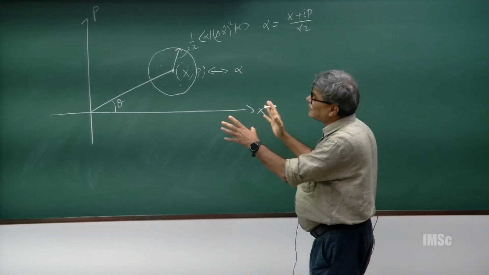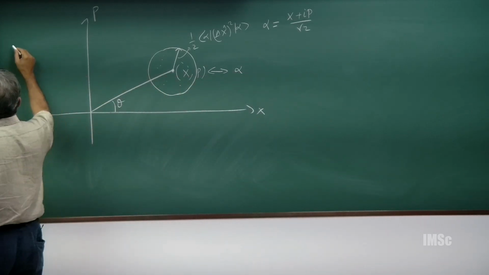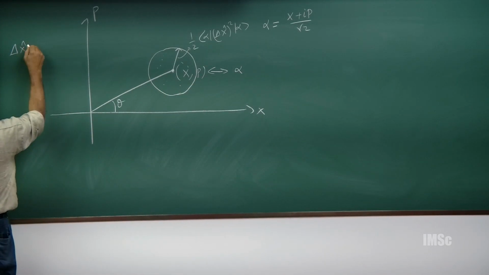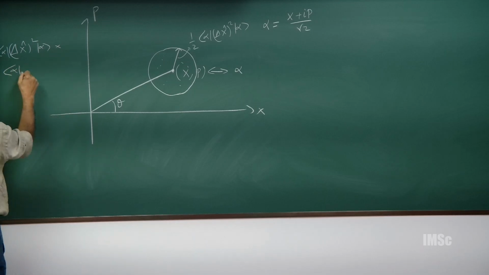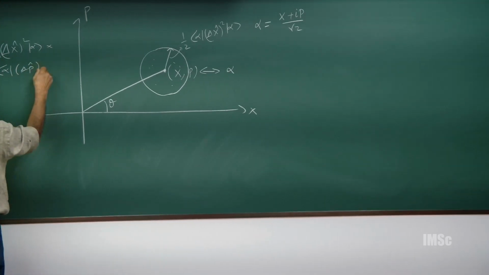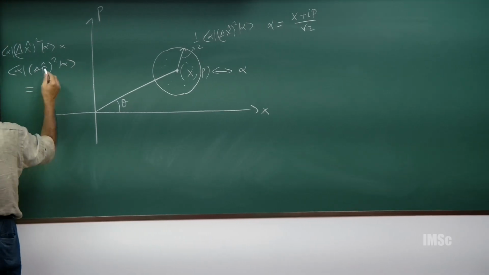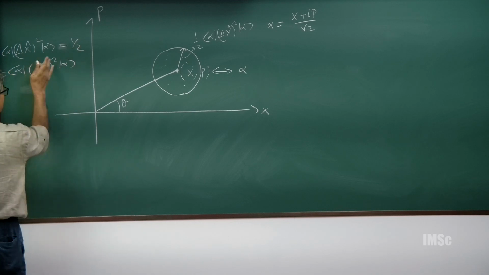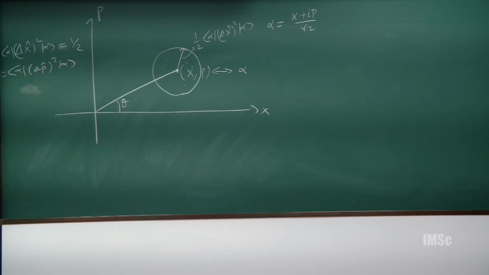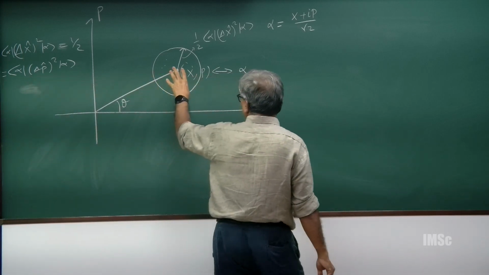This is a kind of uncertainty, and this satisfies of course this uncertainty, that delta x square alpha times delta p square alpha, all of them are same, this is equal to half. So, their product will be greater than or equal to 1/4, which is the minimum uncertainty.